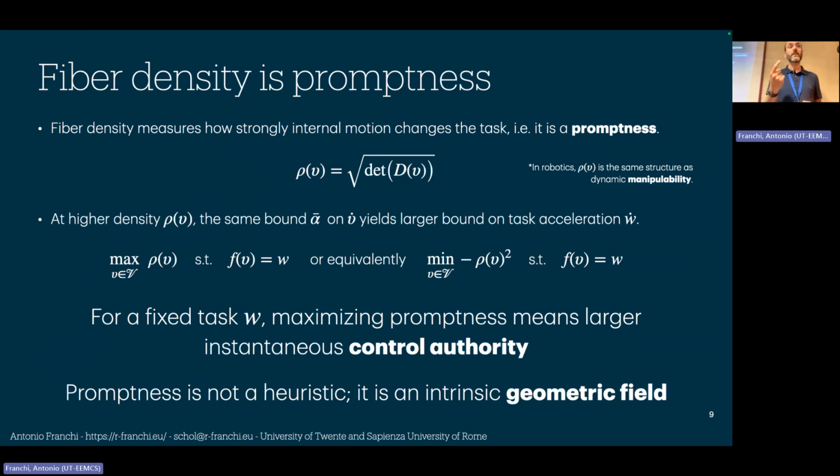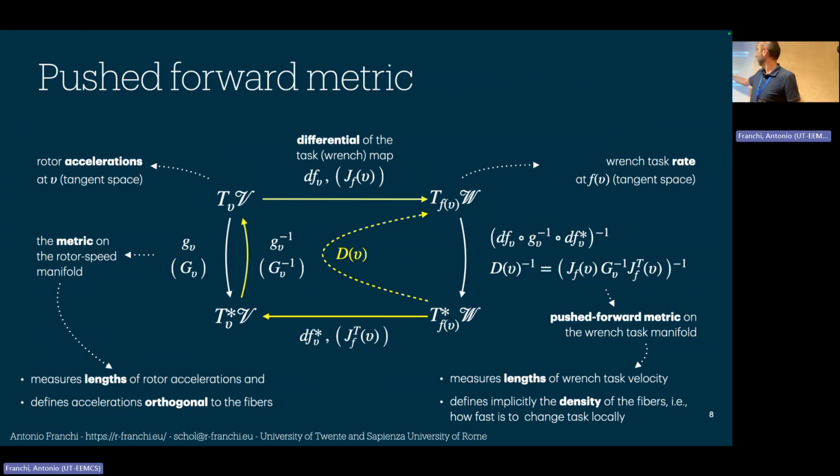But the density, first of all, comes from two concepts: the geometric concept of the fiber and the orthogonality to the fibers, which is defined by the metric. The two things have to be together, and this is why you have the determinant of D, this matrix, which encodes both the nonlinear map, which defines the fiber, the Jacobian here, and the metric.